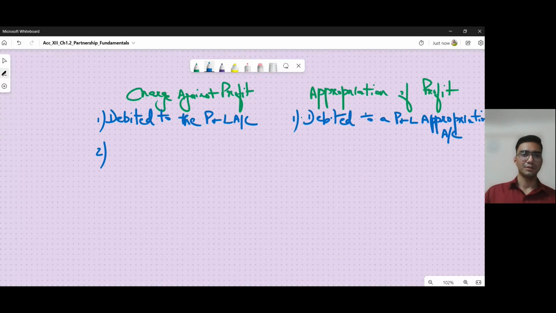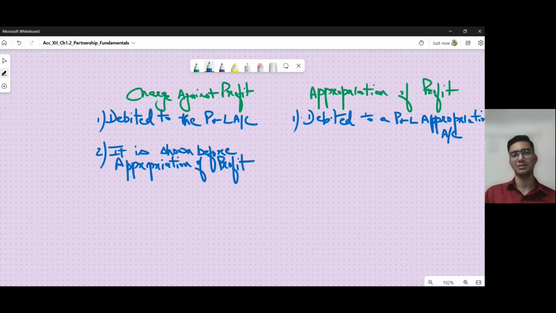Now, another difference which we find is that it is shown before appropriation of profit. So before we make a P&L appropriation account, we have to show our charges against profit in our P&L account.